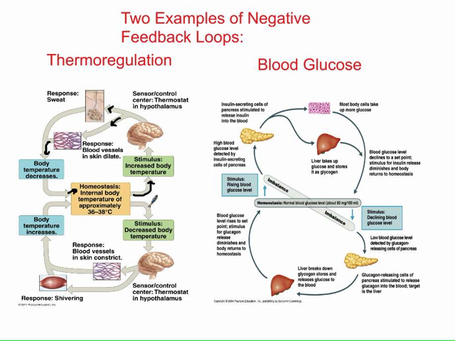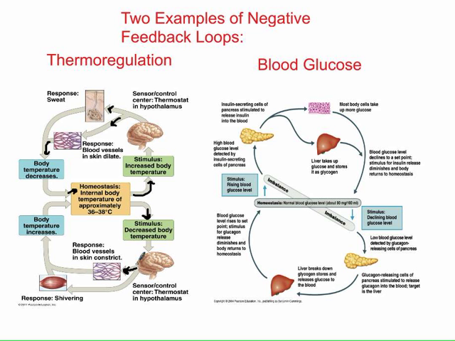Now, if the situation were reversed, you're standing outside on a cold day, your body detects that it's cold. So the stimulus is your body temperature decreasing. That signal is sent to the brain, the control center, and it will send out a signal to your blood vessels to constrict, and that will help conserve heat.